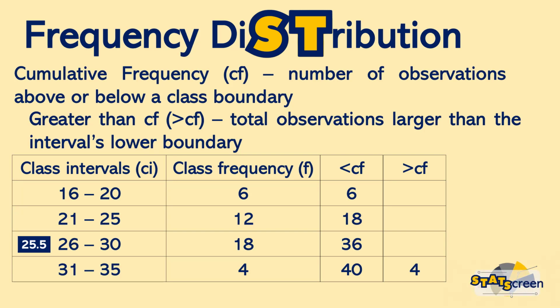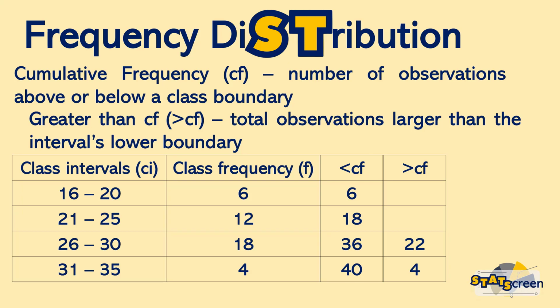But it's not just 18, same as earlier. You add there the 4, because those 4 with values ranging from 31 to 35 are also greater than 25.5. Therefore, your greater than cumulative frequency here is 18 plus 4, 22.